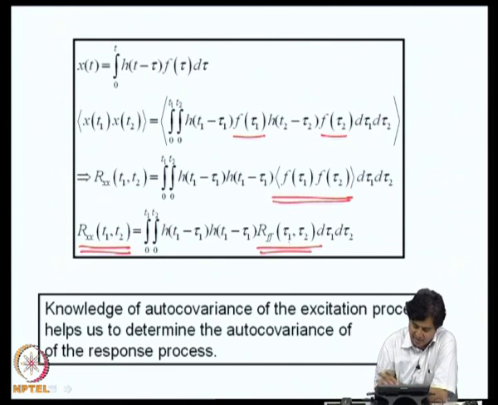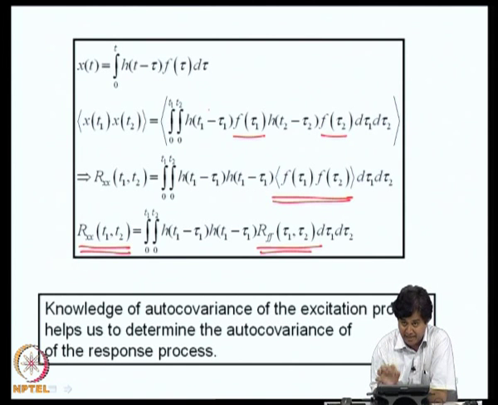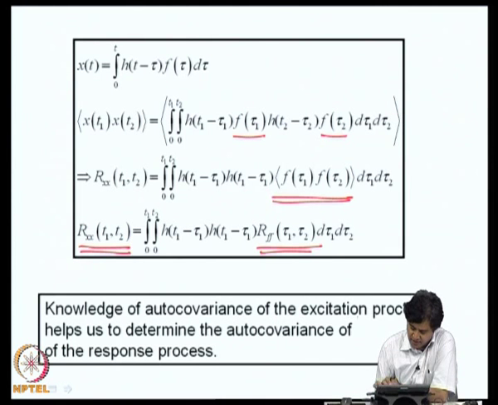So, how does the autocovariance of the input translate into the autocovariance of the output? It is through this relation, which is nothing but the Duhamel's integral, which has roots in mechanics. So, knowledge of the autocovariance of the excitation process helps us to determine the autocovariance of the response process.